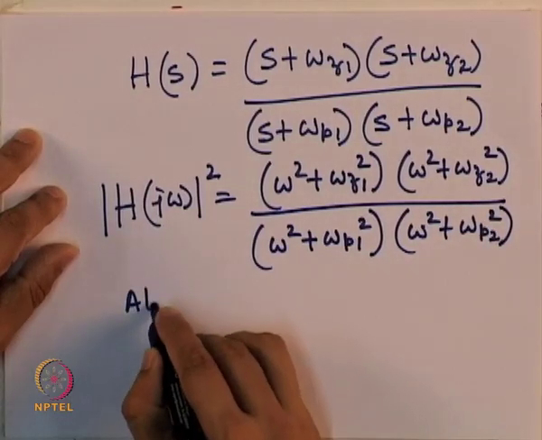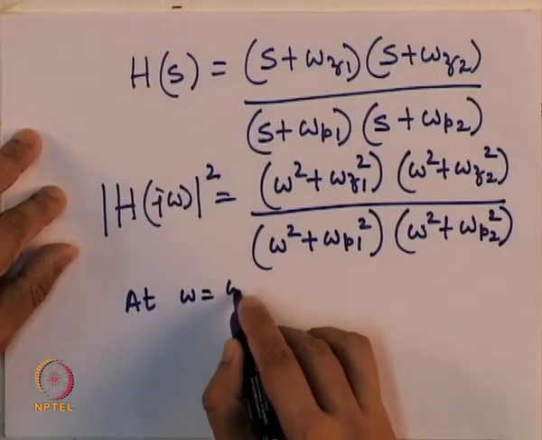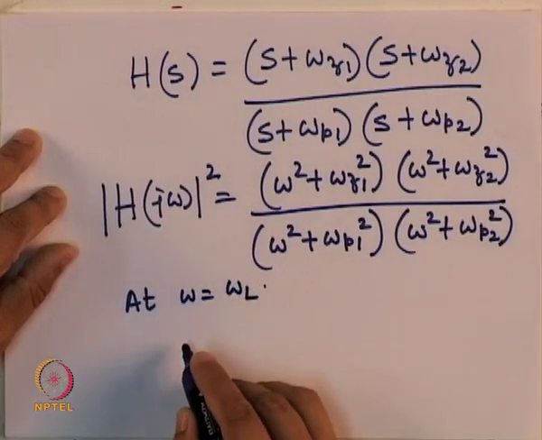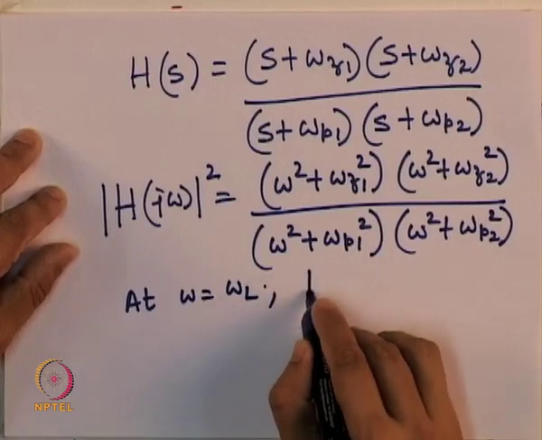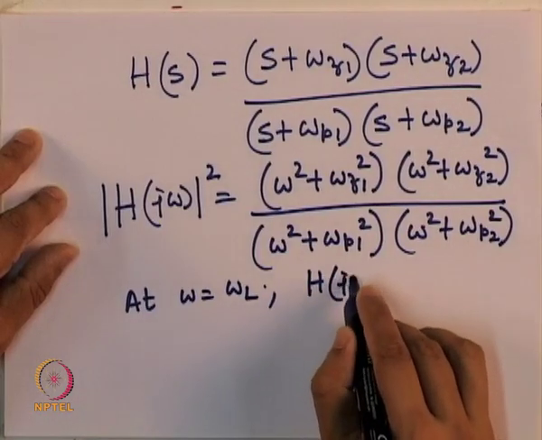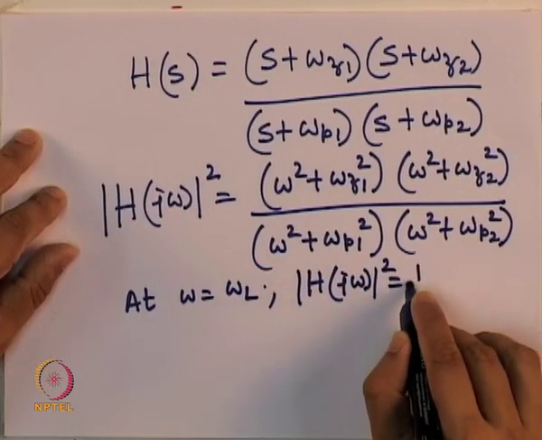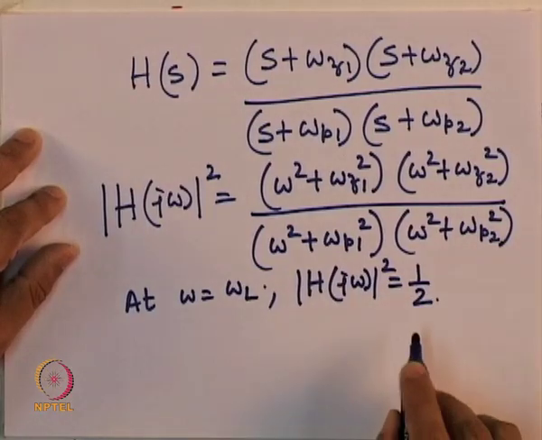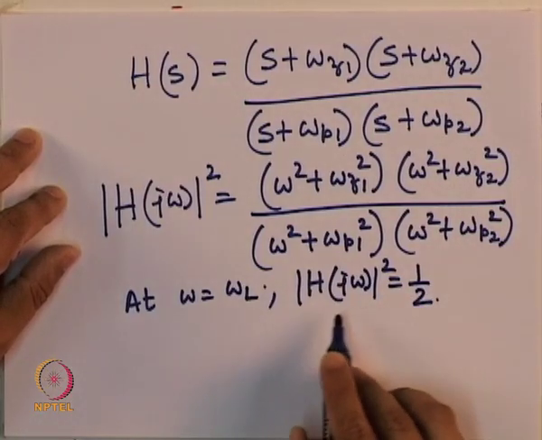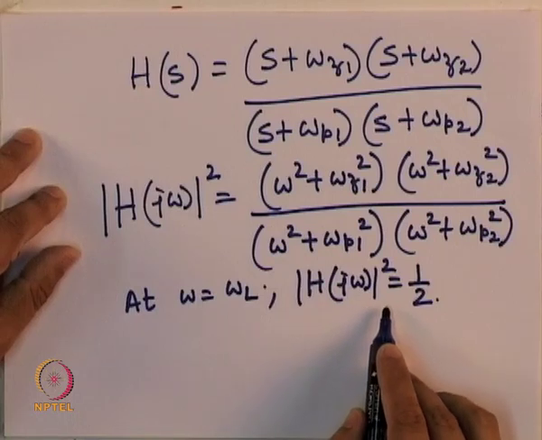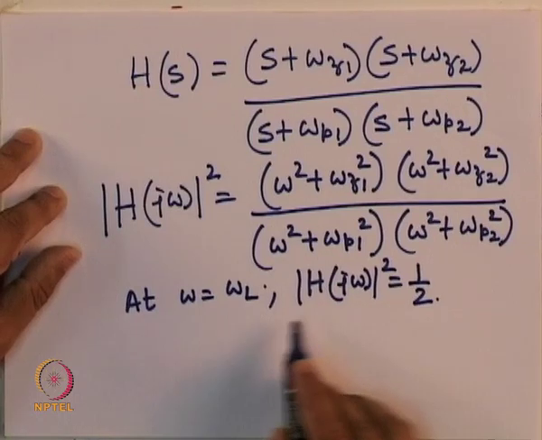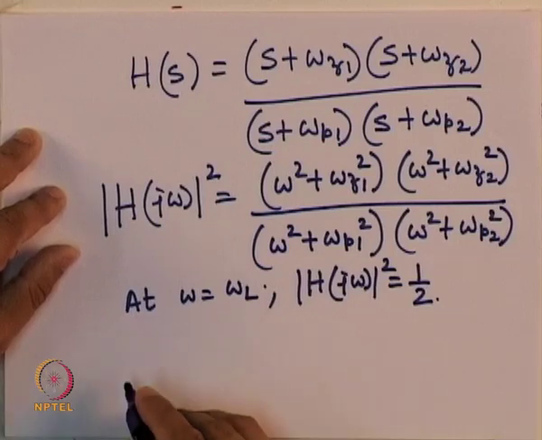Now at omega equal to omega L, we saw that the magnitude square of H of j omega will be half its stable high frequency value. Therefore, we can write modulus H of j omega square equal to half at omega equal to omega L.